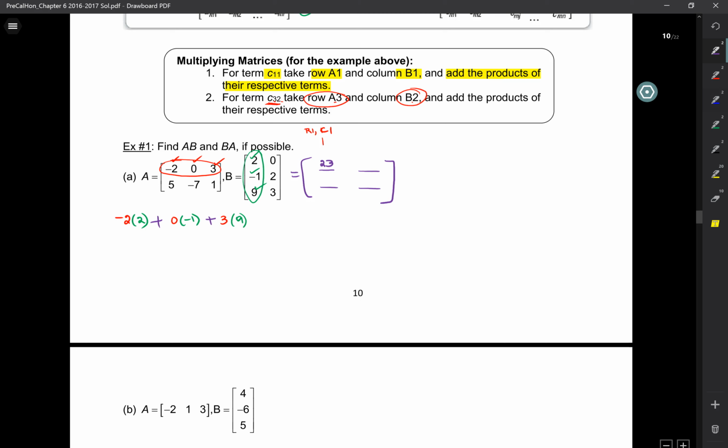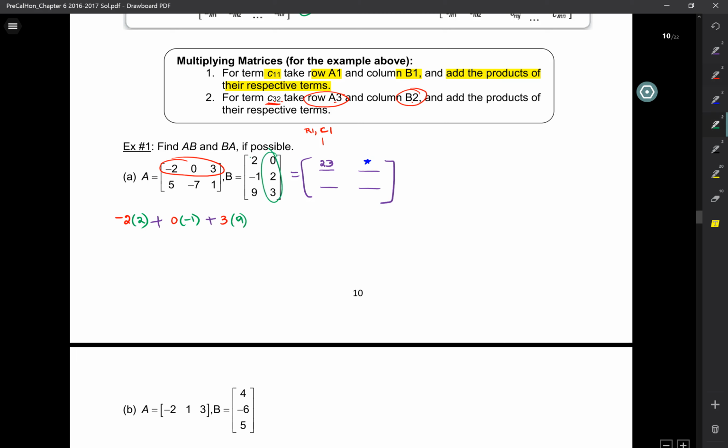Now, the next one. Okay, so the next one here, in this space. All right, now this is row 1, column 2. So I'm going to multiply row 1 with column 2.